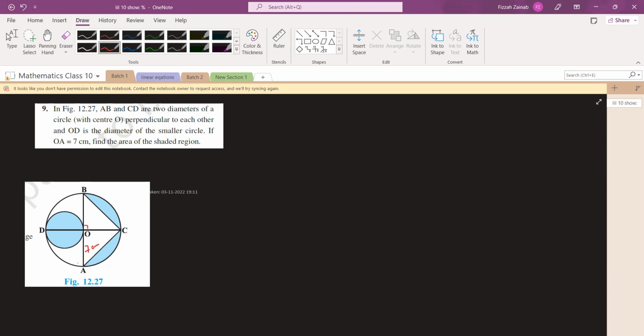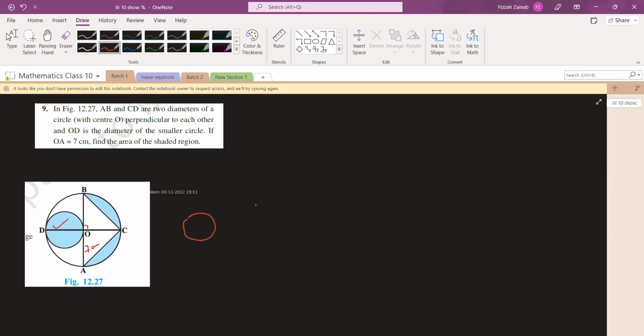Okay, so how will you do it? We can do it like this: radius equal to 7. So diameter can be equal to 7. See, we can split it into parts. First, this circle we can find out, right? But do we know the radius of this circle?